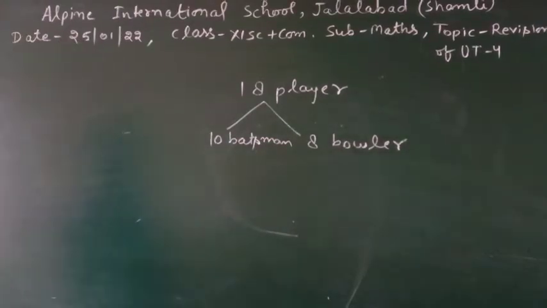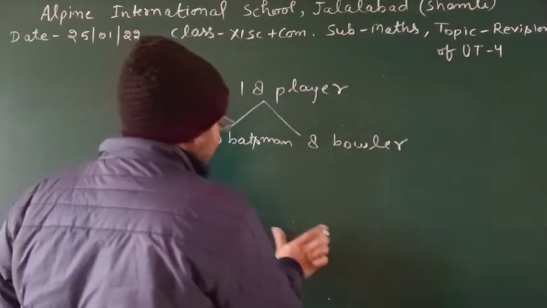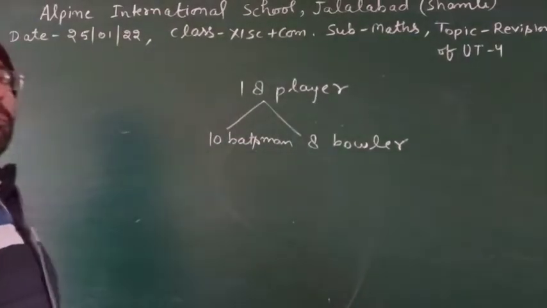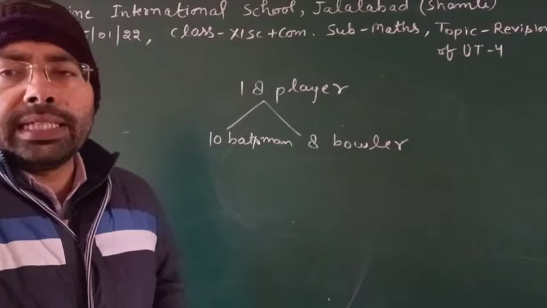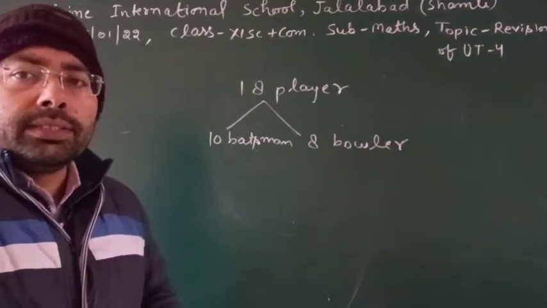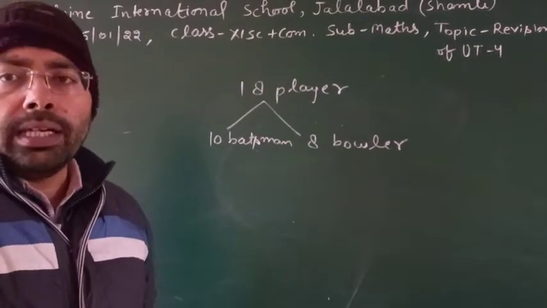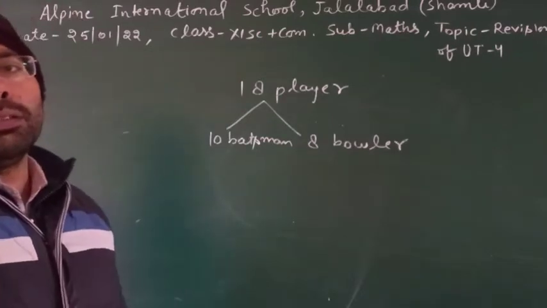So whenever we want to prepare a cricket team of 11 players, in which condition we have to contain 7 batsmen and remaining 4 are bowlers.